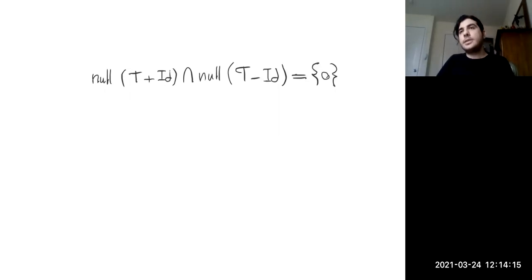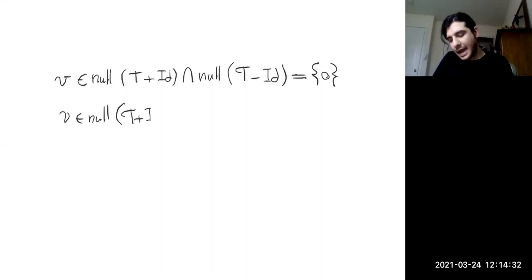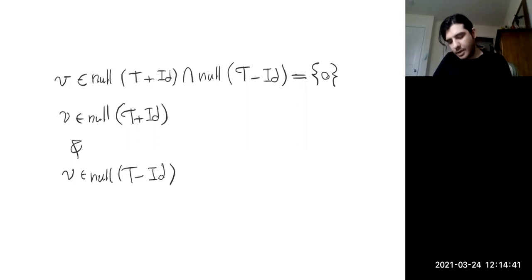Well, we can just prove it directly. Let's take an element v there. Let's take a generic or arbitrary element in the intersection. Because it's in the intersection, it's in the first space, and also in the second space. If it's in the null of T plus identity, it means T of v plus identity of v, which is just v, is equal to 0.